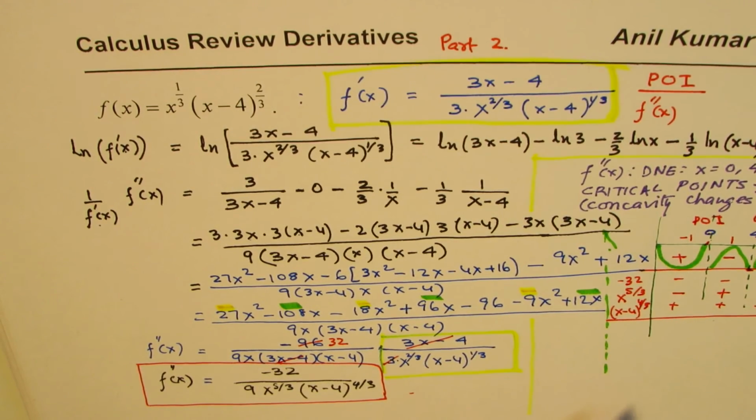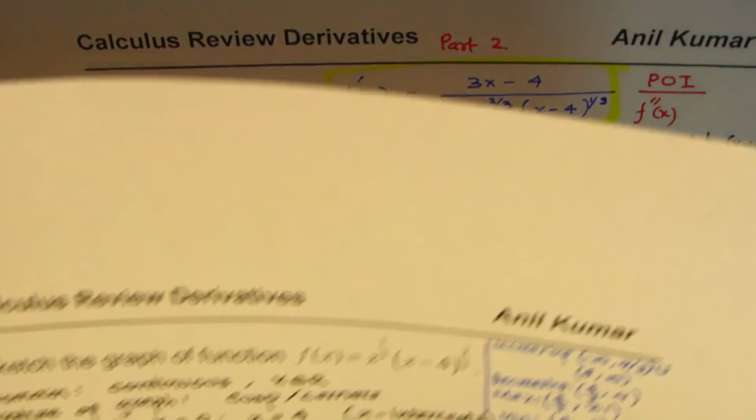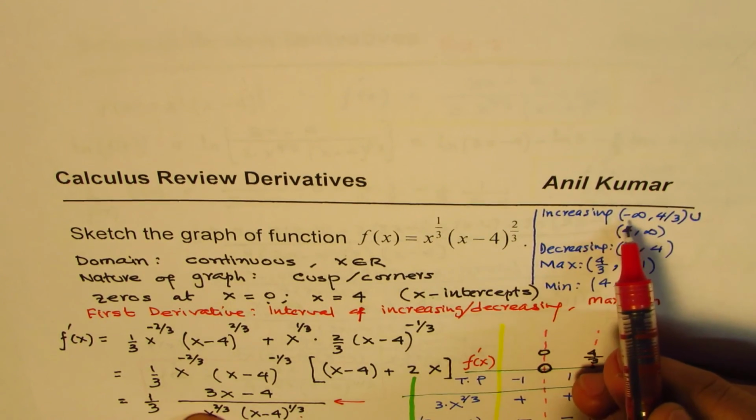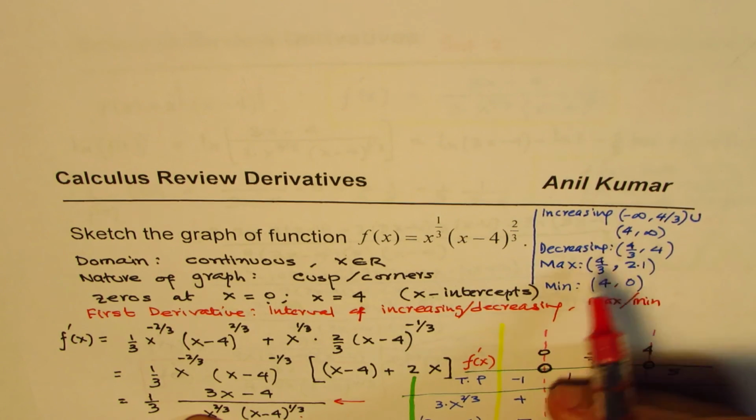Now we have all our information to sketch the graph. So let me pull out the values which we learned in the first part. So we found that the graph of this function is increasing from minus infinity to 4 over 3 and 4 to infinity.